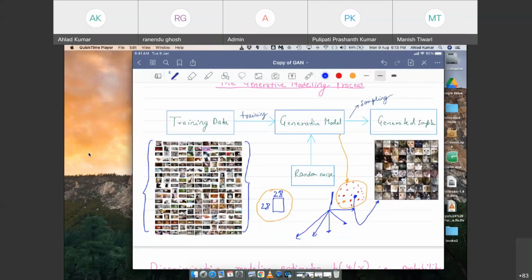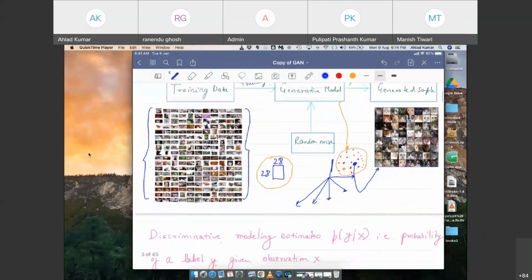And an important point is that the seed point should not be too close to the already existing points, or it should not overlap onto the original points which we have here. So depending upon the distance of this point from all the other points in this probability distribution, the quality of the generative model is assessed. So this is a high level overview of what generative modeling is all about compared to discriminative modeling.